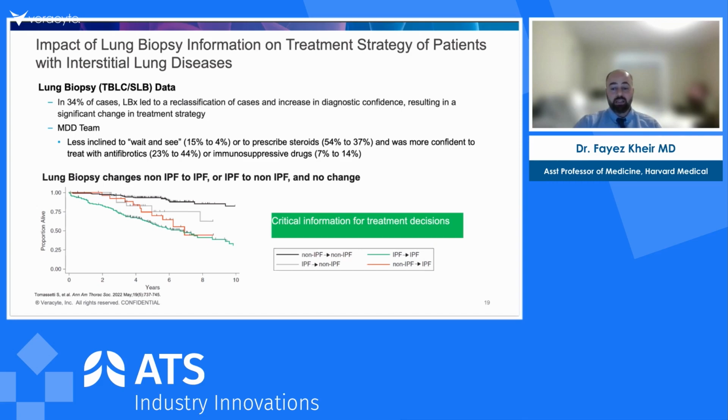As you can see, the gray line, where patients were IPF and then eventually were non-IPF after their biopsy, performed much better than the red line, where they were non-IPF and eventually were labeled as IPF. And that tells you a UIP pattern is very important and will inform your treatment strategy in such patients.